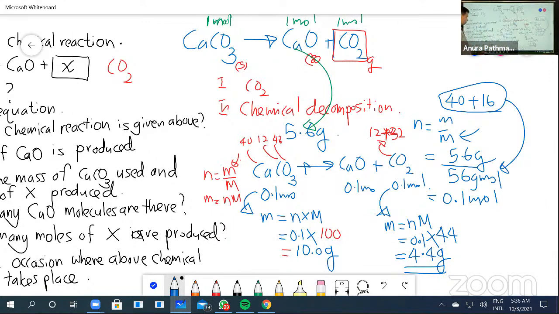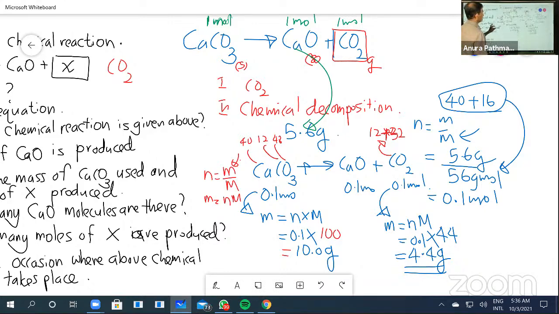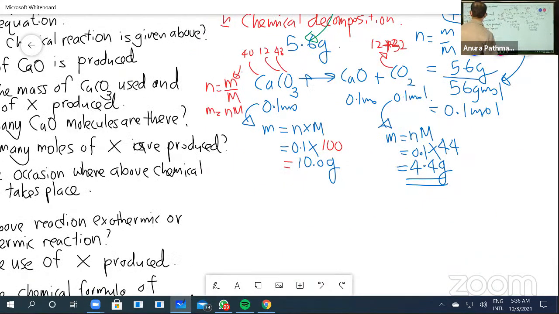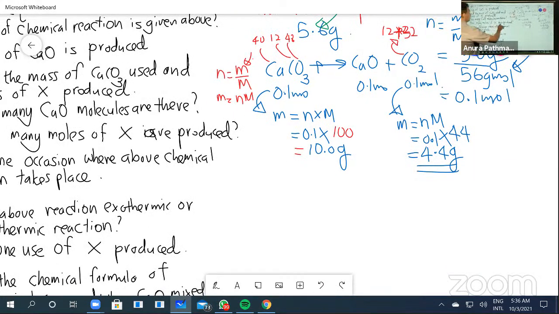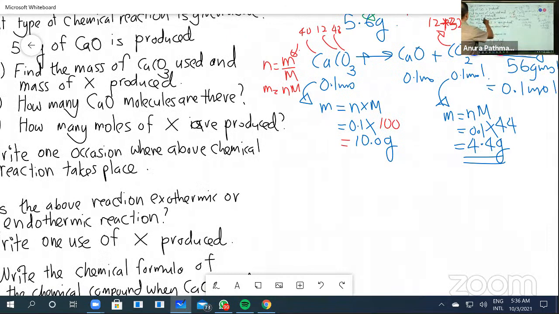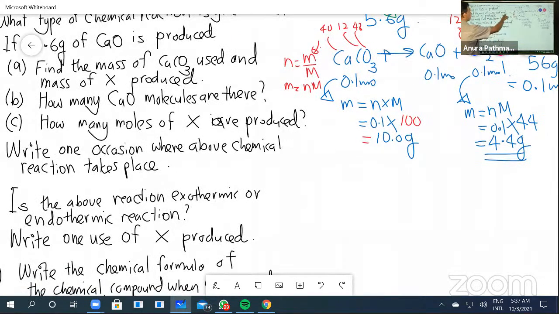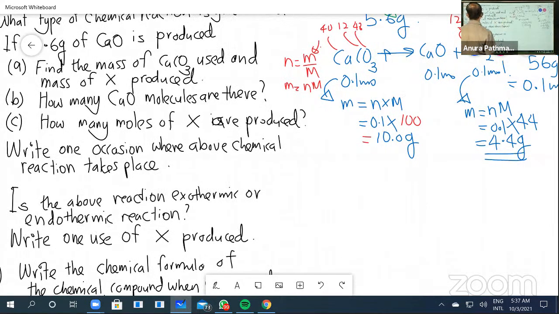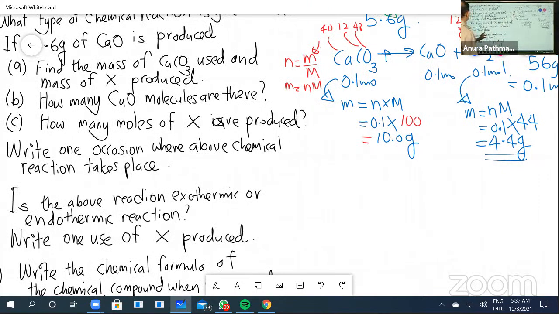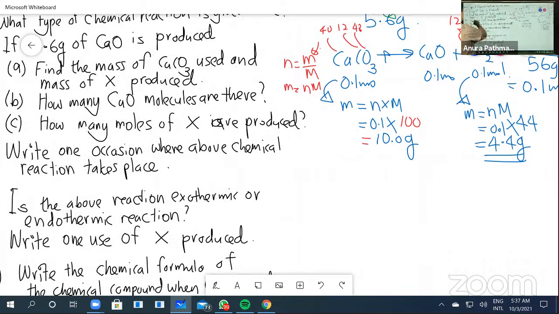And my next question: how many calcium oxide molecules are there? How many calcium oxide molecules under B?